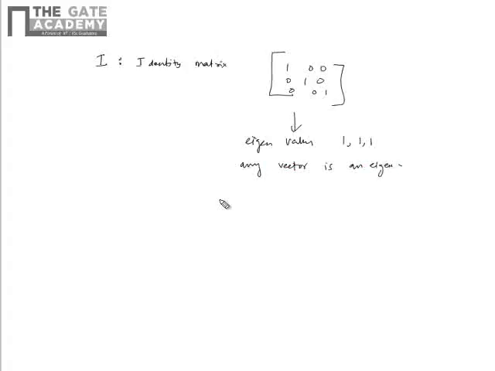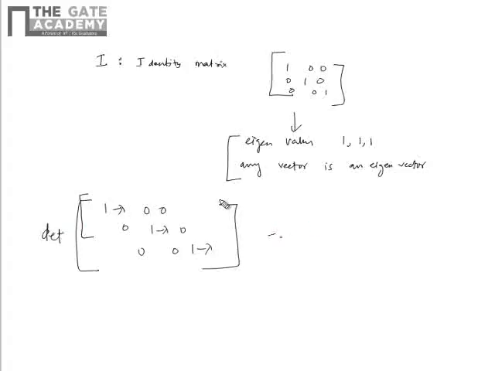This is clearly visible: let's try to derive the eigenvalues of this. When I write down the characteristic equation, it comes out something like this, and now the determinant of this is 1 minus lambda whole cube equal to 0. So lambda has all equal roots.